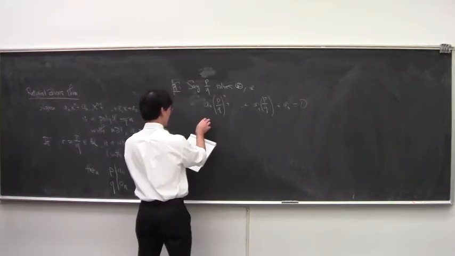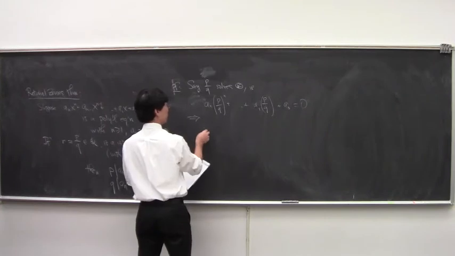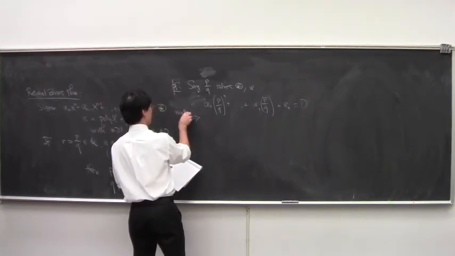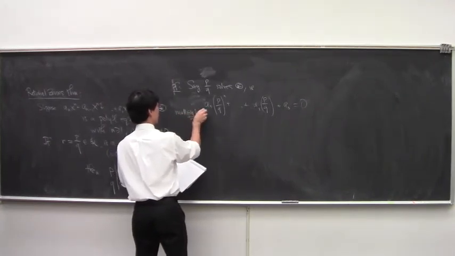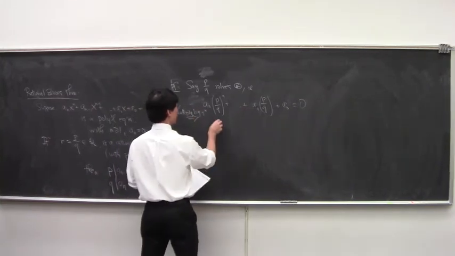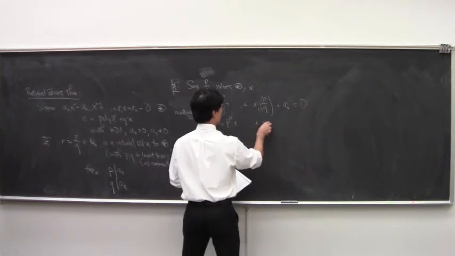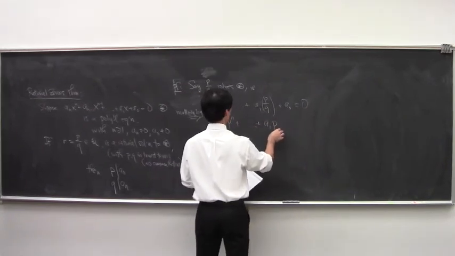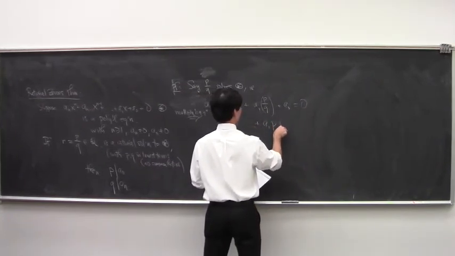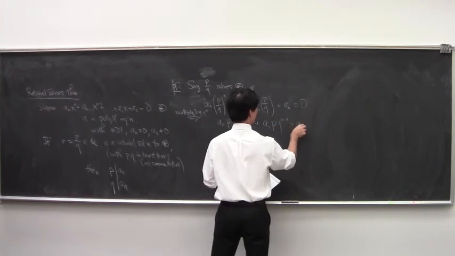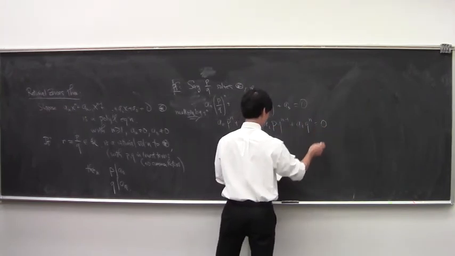In that case, let's multiply through by q to the n, on both sides. You get a sub n p to the n plus ... plus a sub 1 p q to the n minus 1 plus a naught q to the n is equal to 0.